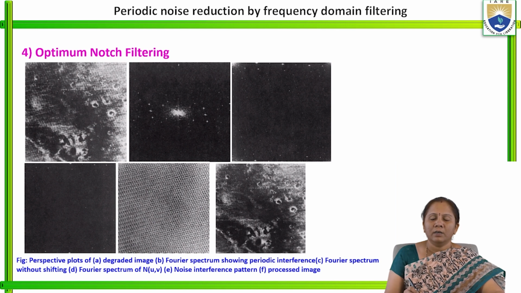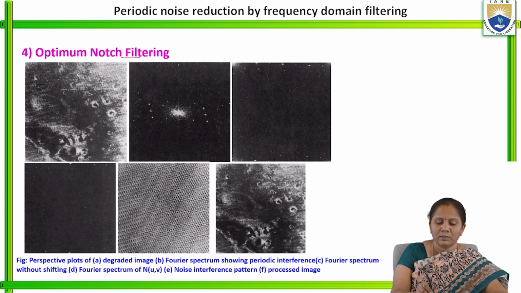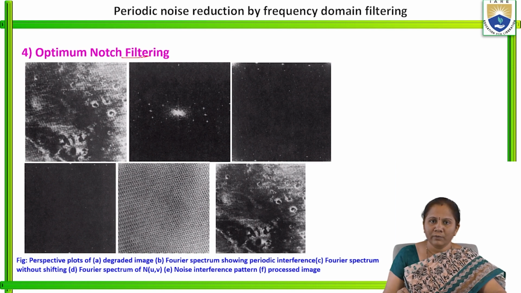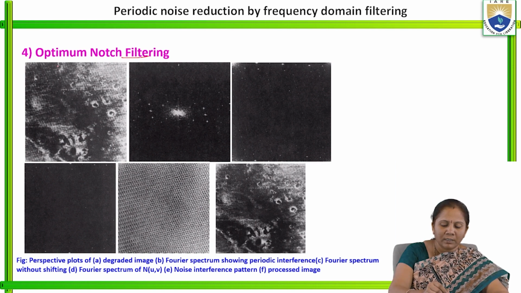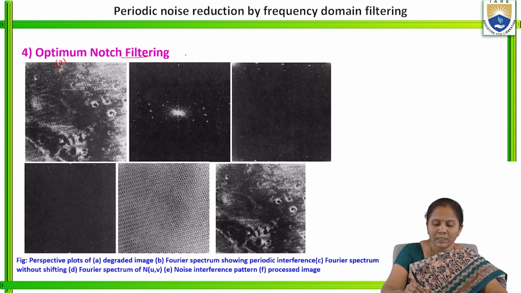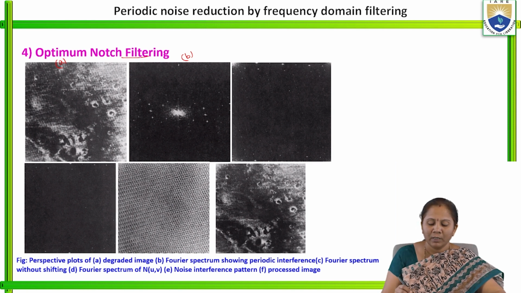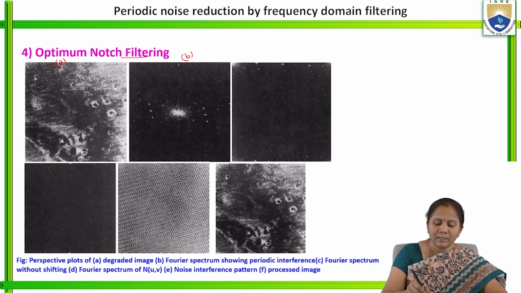So here we can observe the images for optimum notch filtering. This is the first image, which is the degraded image, and that degraded image is represented in terms of the Fourier spectrum. Here we can see the noise, and also we can see small white dots.